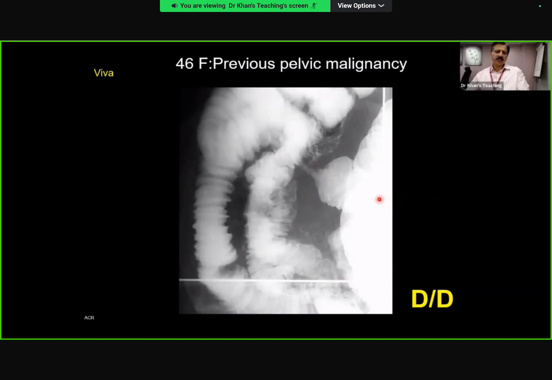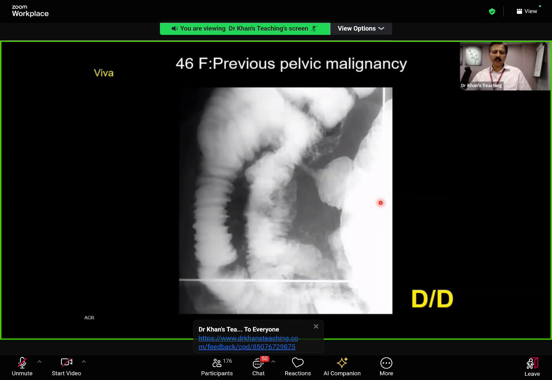Now, this case has got, this is post-radiation change. There is a stricture here. What do you think is happening here? How will you describe this?